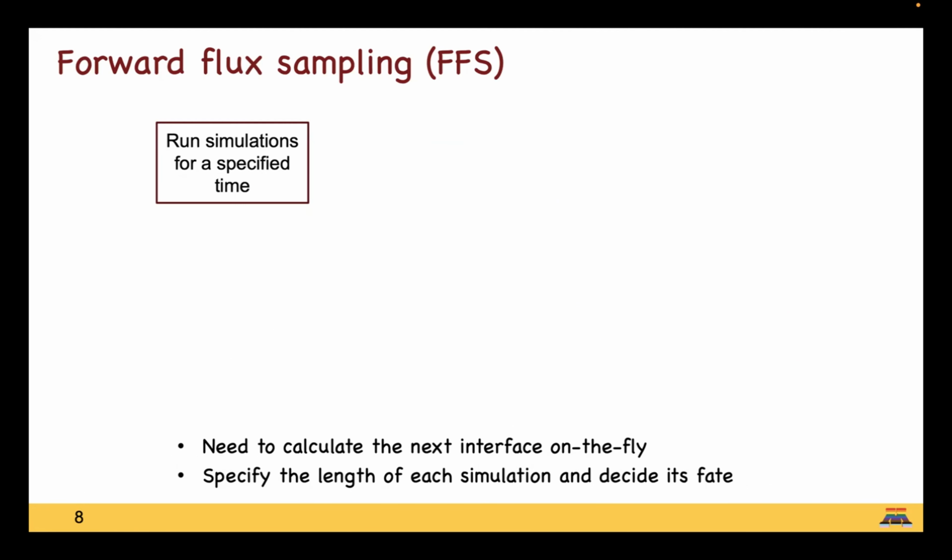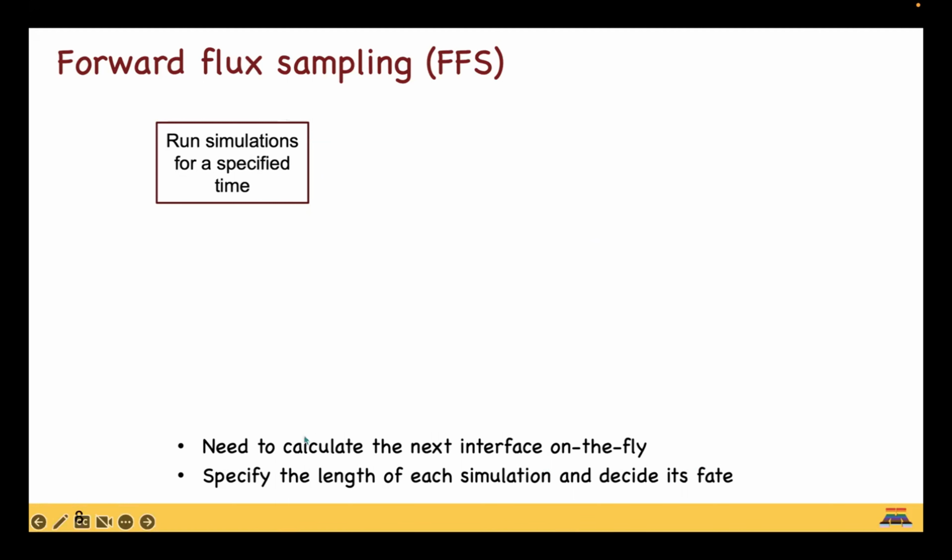And the second thing I didn't want to do is go in and modify any of the software I was using to propagate the system. At that time, I was using Gromacs. And to be able to calculate an order parameter and decide whether it has reached the next interface and if I should terminate the simulation, often you would need to do some calculation on the fly. That usually required a change in the software at that time, which I didn't want to do.